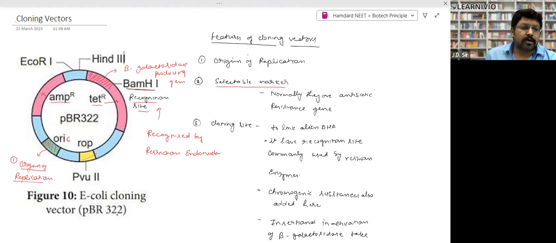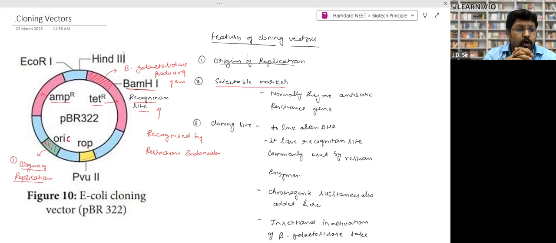It has been used for a number of purposes in human beings and for experimental purposes, right? pBR322 is given in your NCERT, and in pBR322 there is a site called the origin of replication, or ori. Origin of replication is that point from where the replication of a plasmid starts.